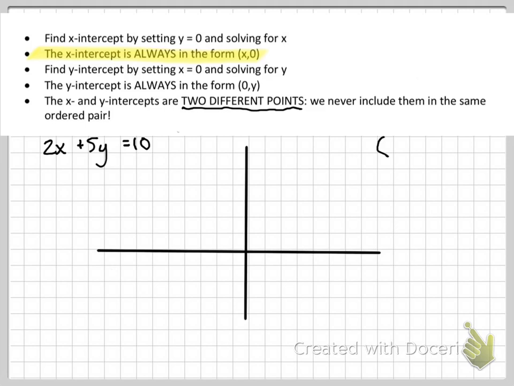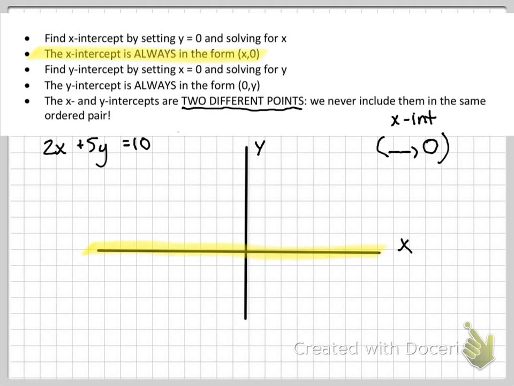My x-intercept is going to be some x value, which I haven't found yet, and the y value of my x-intercept is going to be 0. By definition, if a point lands on the x-axis, remember this is the x-axis right here, all the points on the x-axis have y equal to 0.